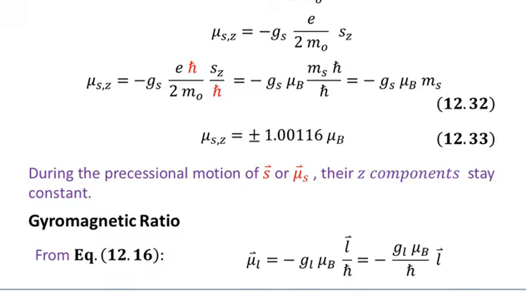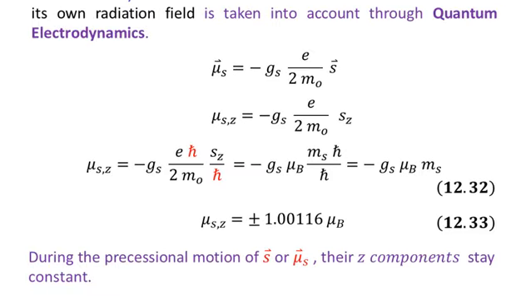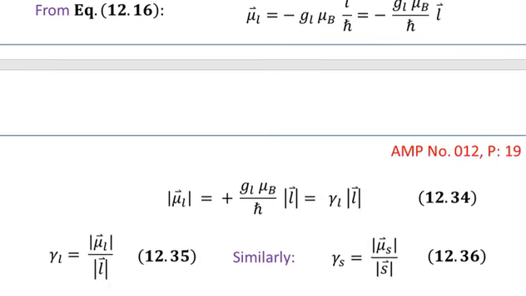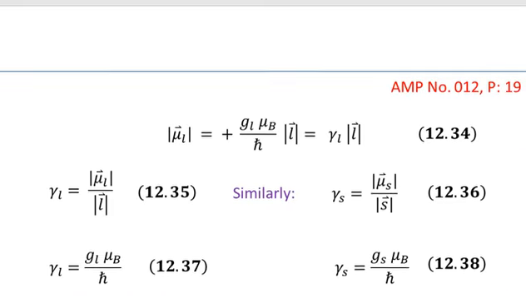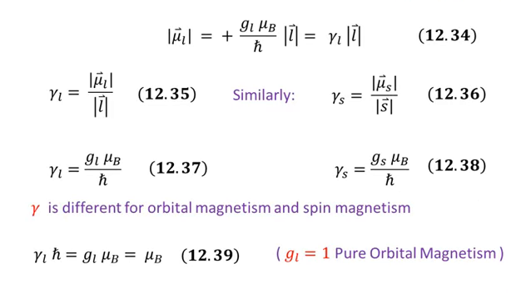I have also described that these two quantities are oppositely directed due to the negative sign between them in their vectorial form. These two quantities also precess about the magnetic field, and the spin can have two orientations, one along the magnetic field and the other along minus the magnetic field.